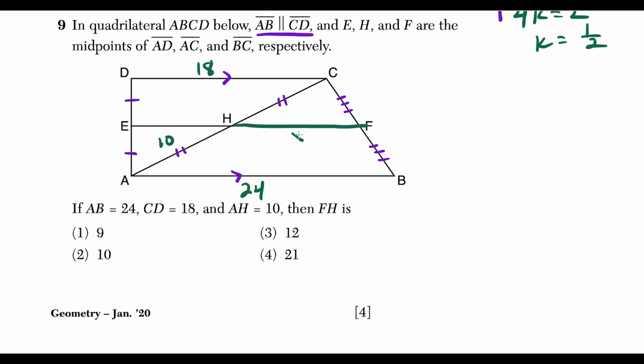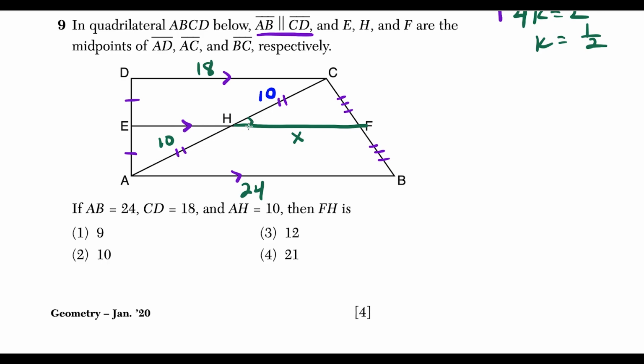So I'm just going to put an X here. Now, because these were all midpoints, we could also make the statement that CH is also 10 units long. And because these were all midpoints, this third line that we construct is going to be parallel to the other two lines. So we could use the idea that corresponding angles formed by parallel lines cut by a transversal are congruent.